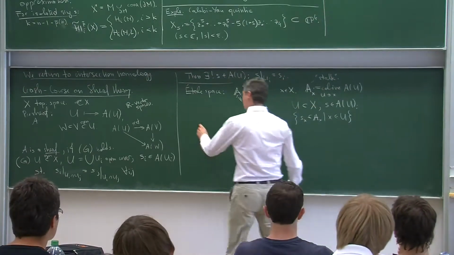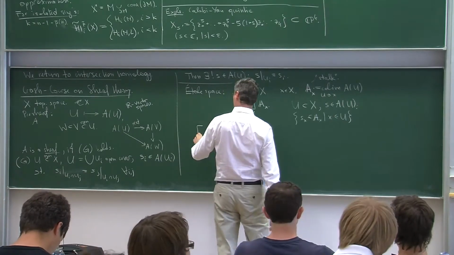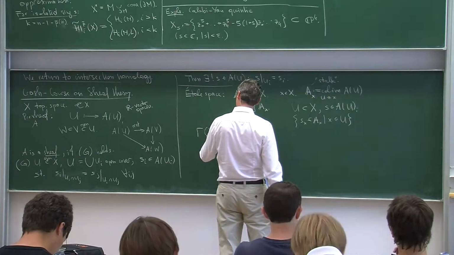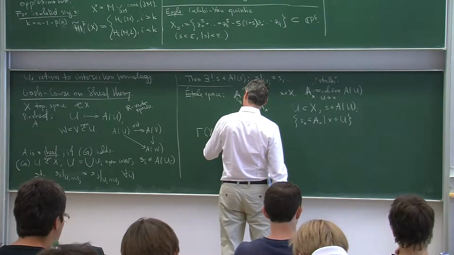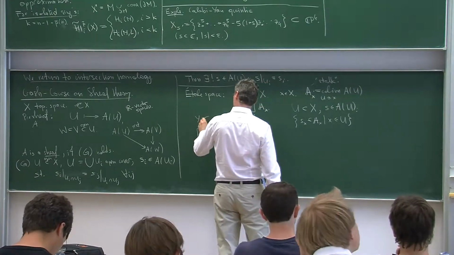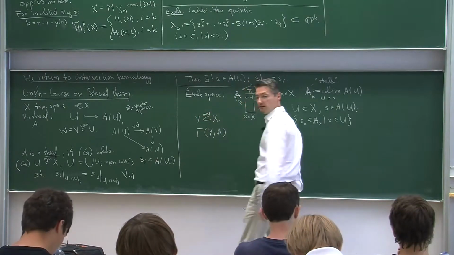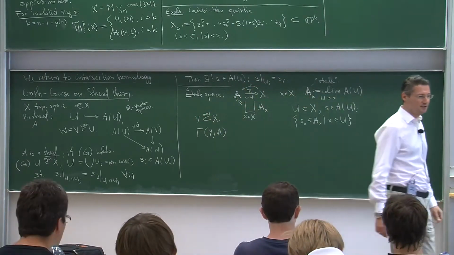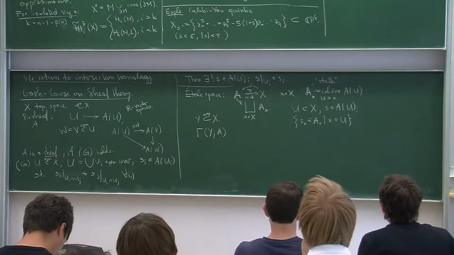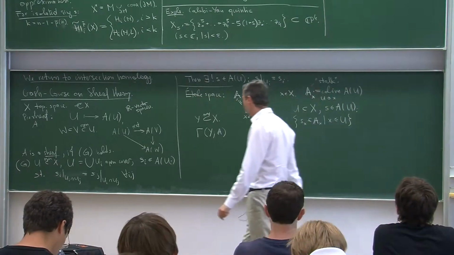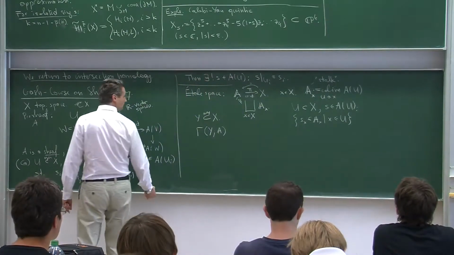And so you get groups of sections, which are usually written Gamma(Y, A) with respect to the sheaf A. But here, Y can be any subspace of X. It doesn't have to be open anymore. So you get sections over any set. So it's quite useful to have this étale picture in mind.